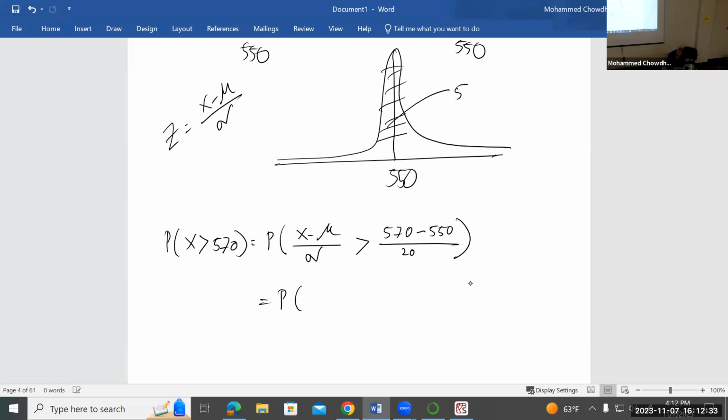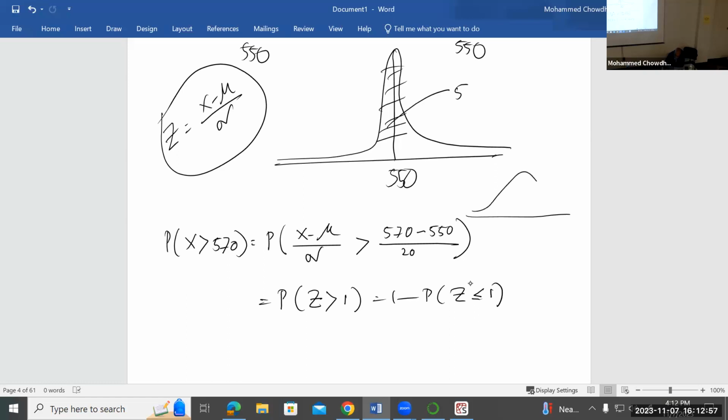Now I have to change it to the Z. This is the formula. X now transforms to Z. I have transformed x to Z, 20 over 20 equal to 1. So I can write 1 minus probability of Z less than or equal to 1, which I can write like this. This is equal to 1. I'm subtracting this, which is equal to that, which will give us that.